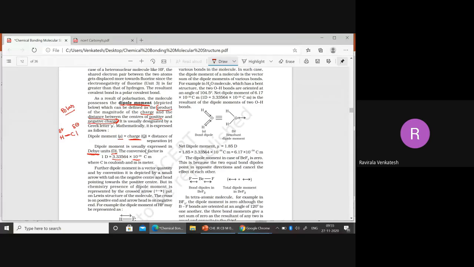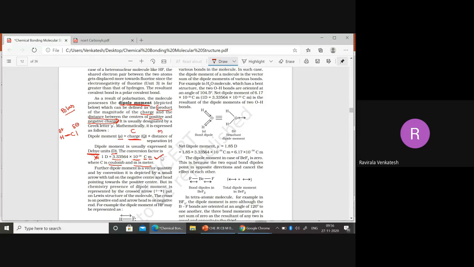C is for charge, coulomb, and M for distance, meter. So C for coulomb, M for meter. 1 debye is equal to 3.33 into 10 to the power of minus 30 coulomb meter. You have to remember this one. It is a very, very, very important formula for you.